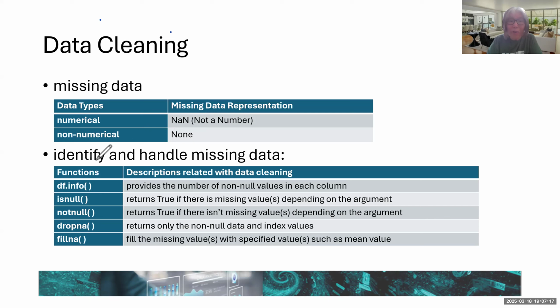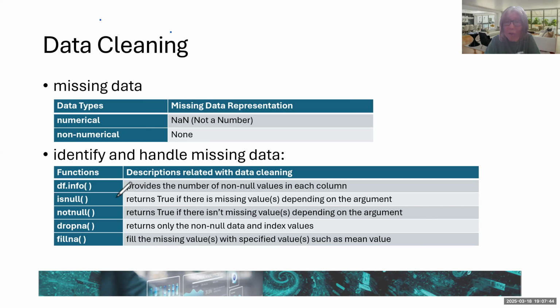And for the functions to identify and handle missing data, here we introduce some. In the previous chapter, we also learned the info function, which will provide the number of null values in each column. Okay, so for each column, it provides some information.